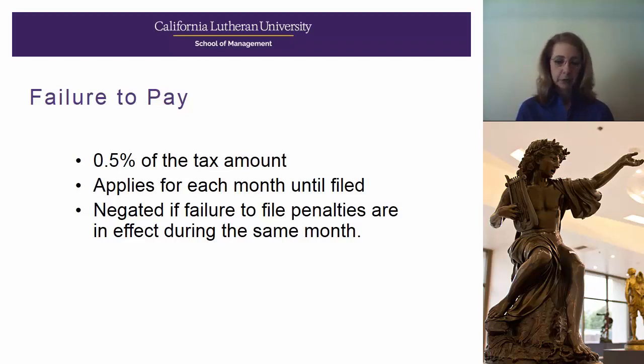So it is possible that a client files an extension in April, files the tax return technically on time in October, is not subject to the failure to file penalty, however, is subject to the failure to pay if there is a balance still due in October. So an extension of time to file is not an extension of time to pay, and that's why these two penalties are separate.